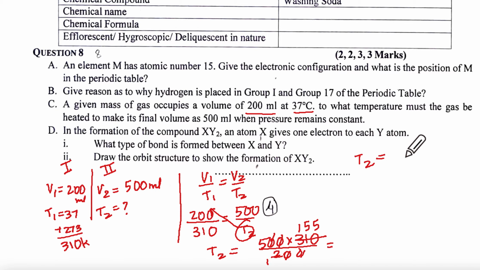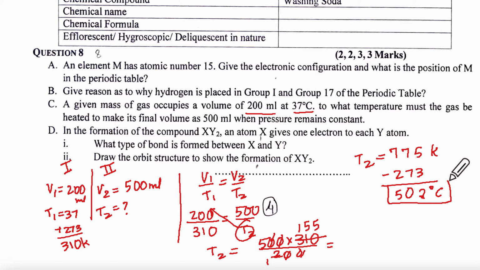T2 equal to 775 Kelvin. Minus 273 will give us the answer in degrees Celsius. Understanding? Yes, ma'am. So write temperature, don't just write T2.